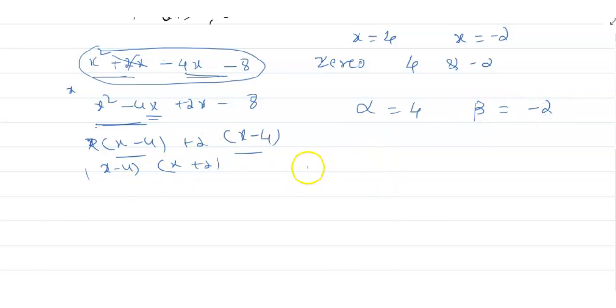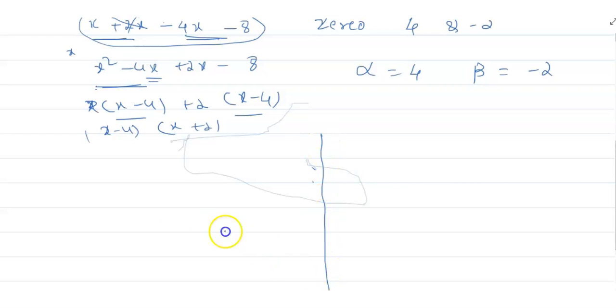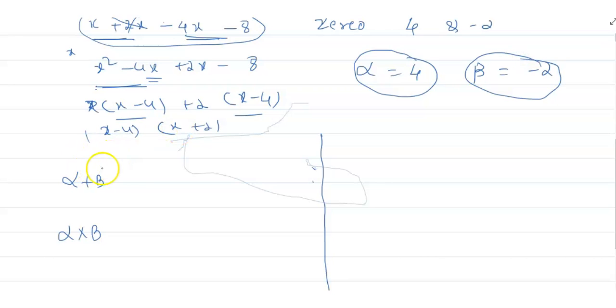Now let's find out sum of zeros and product of zeros using two methods. One is using the zeros directly. Sum of zeros means alpha plus beta. What is alpha here? That is 4.